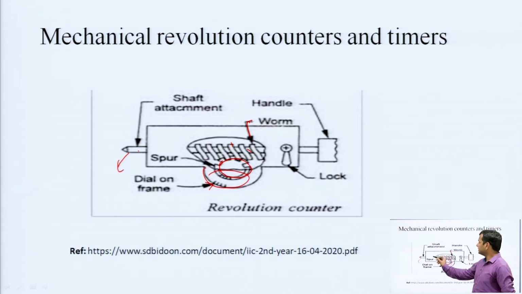Okay. So, the speed of the shaft, or the rotation of the shaft, is proportional to the reading on the dial.